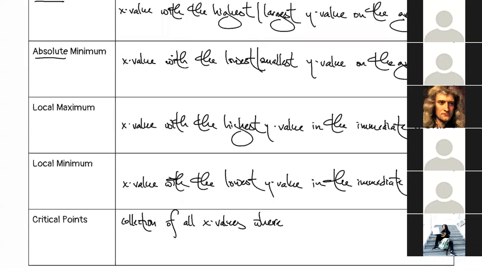Okay. So where, number one, either this is true, or this is true. Okay, so either the first derivative equals 0 or the first derivative is undefined.